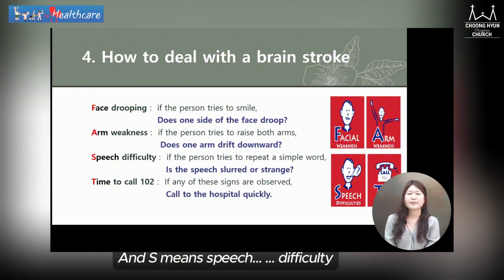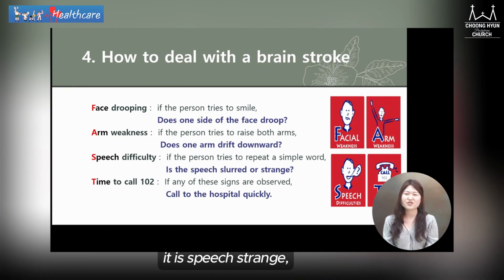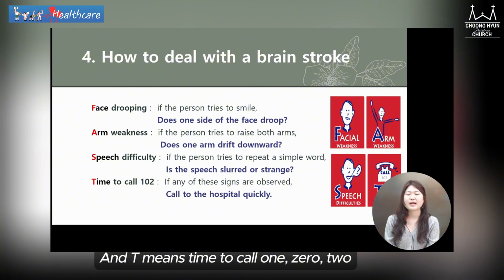And S means speech difficulty. If the person tries to repeat a simple word and the speech is strange, they can't speak well. And T means time to call 102. If any of the signs are observed, call the hospital, 102.